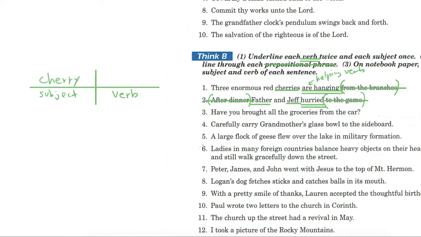Draw a line splitting it between the two. And are hanging is my verb. What happened? I should say predicate instead. Predicate, verb, pretty similar. Okay, so that's how you diagram number 1.